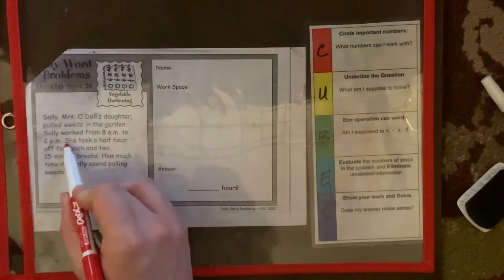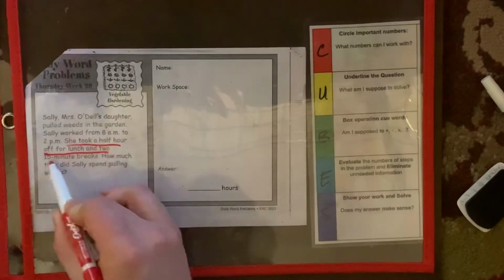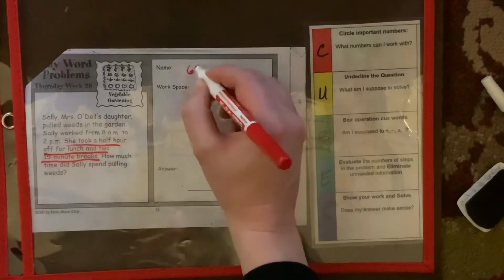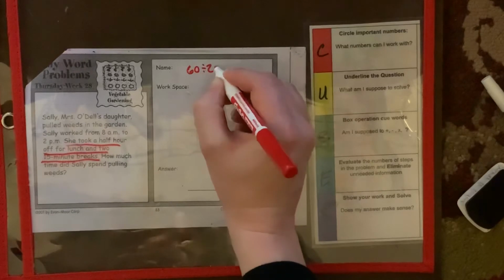Now, the first thing I want to focus on is how much time she took off. We can figure out her total in a second, but let's figure out how much time we're going to have to subtract at the end. She took off half an hour for lunch and 2 15-minute breaks. If we know what half an hour is, half of 60 is 30.